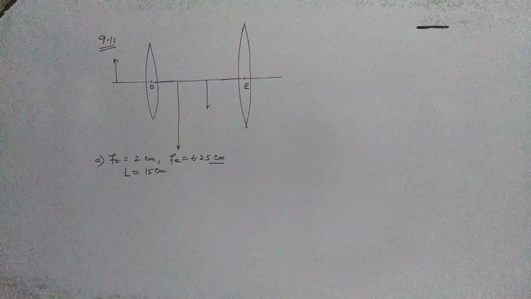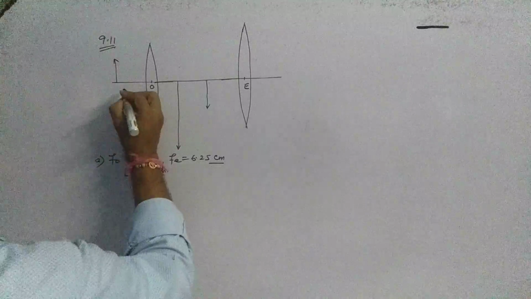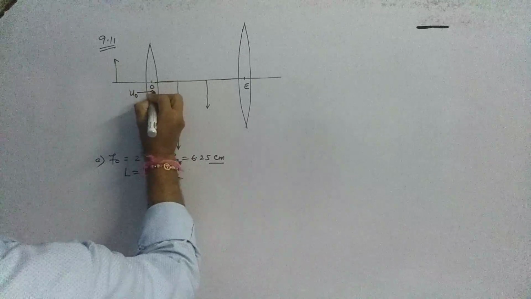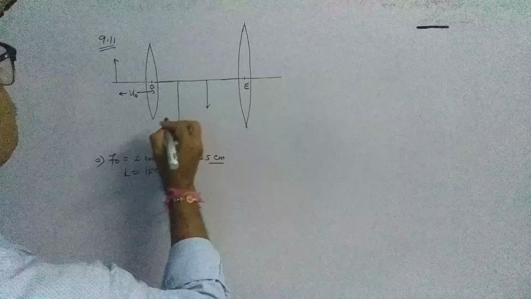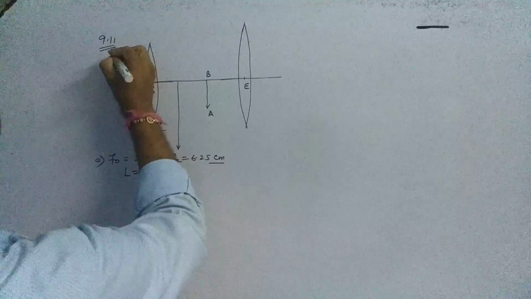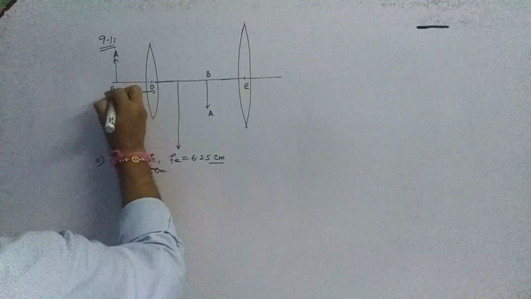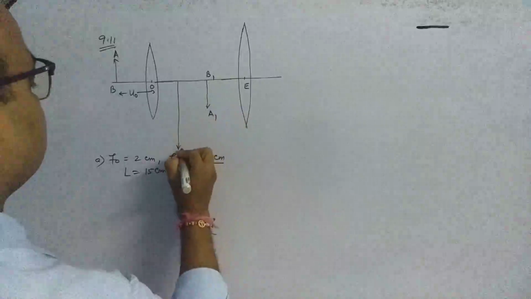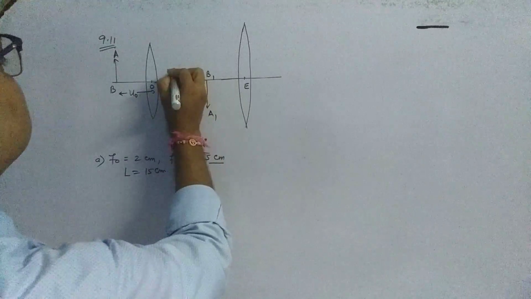This is UO. Suppose this is AB, this is A1B1 and this is A2B2.